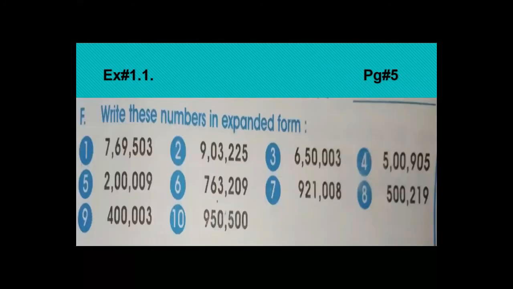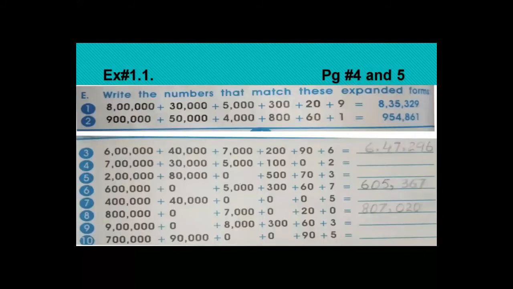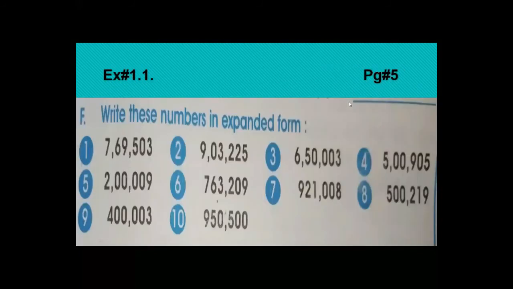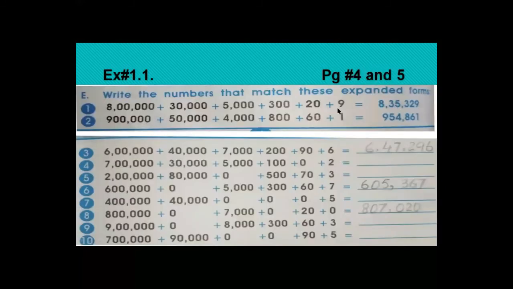Now look at this part F. Part F is the opposite of part E. Here the expanded form is given and you will write the numbers that match it. But here they're opposite: numbers are given and you will express them in expanded form.